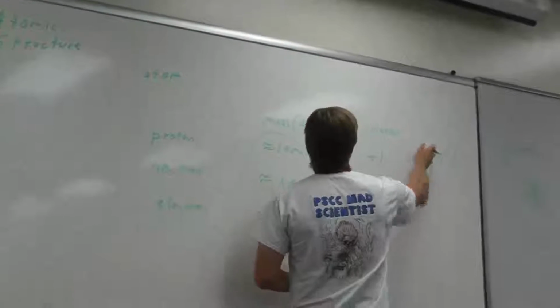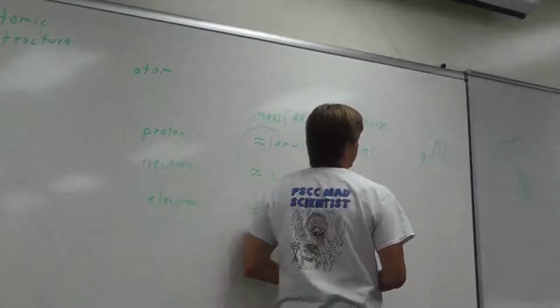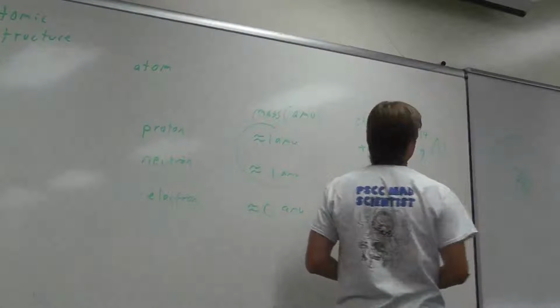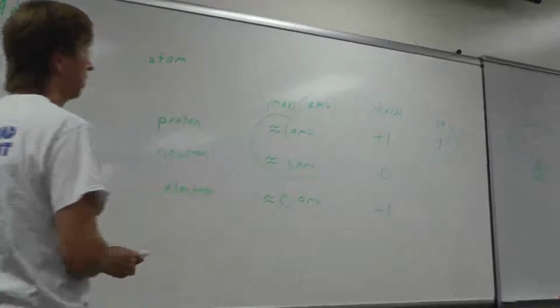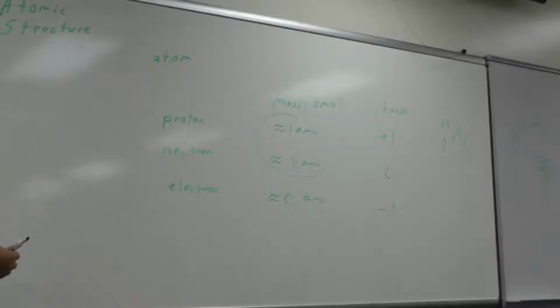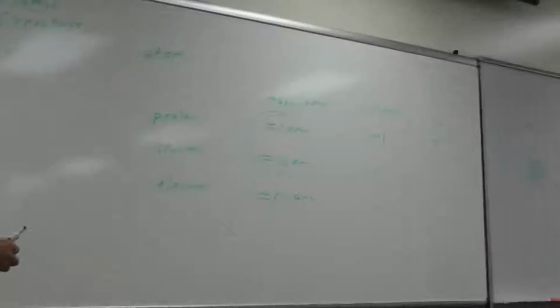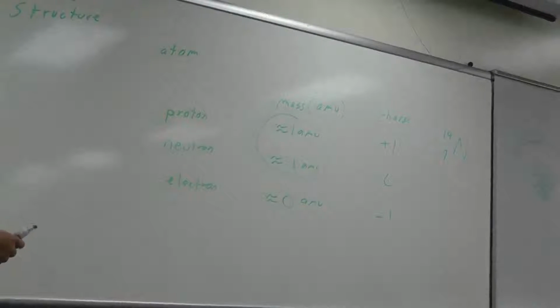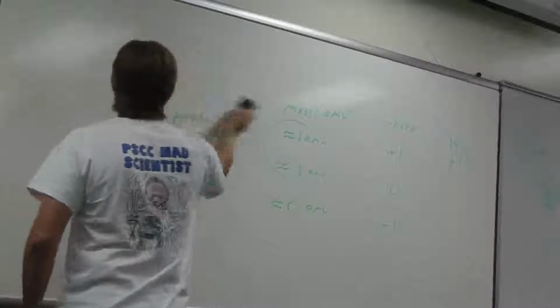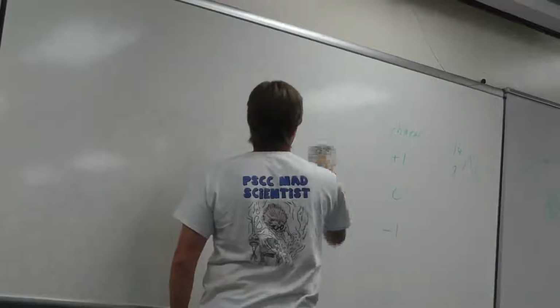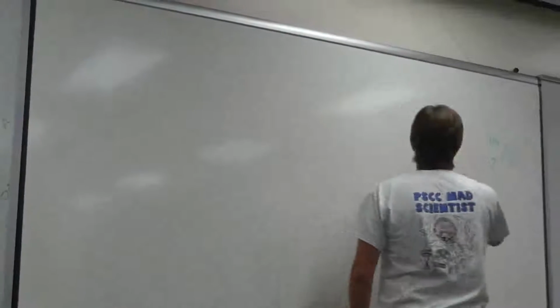And that will be written at the top left. For nitrogen, it's usually 14. Not always, but usually. Nitrogen is always atomic number 7. It's usually mass number 14. So now we've got a list of atomic symbols here.